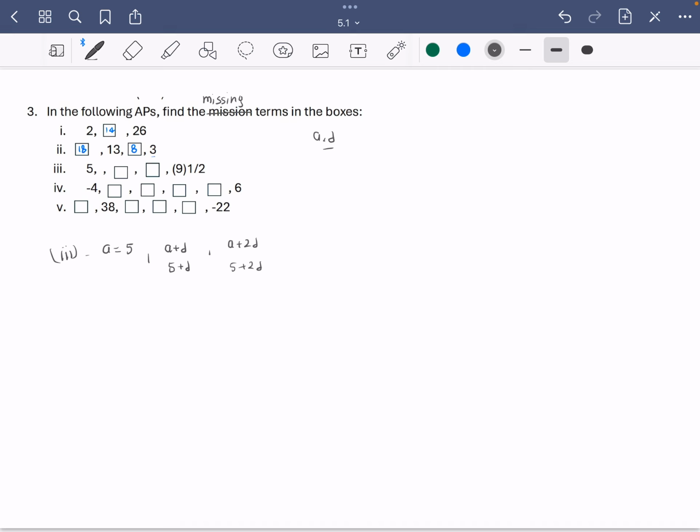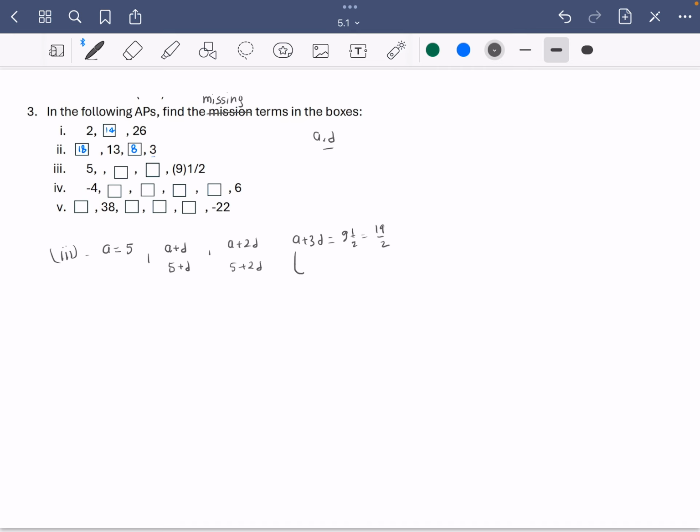That's what we can write it as, because we know the value of a. And then 9.5, that is the fourth term, a plus 3d is going to be 9.5, that is 19 over 2.